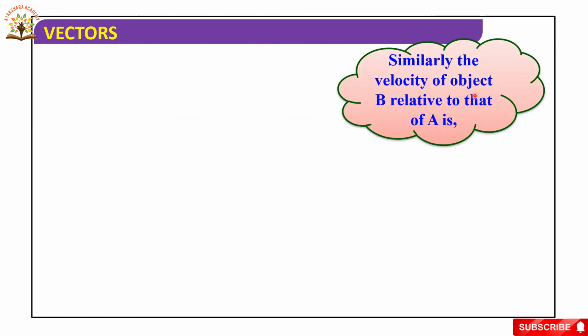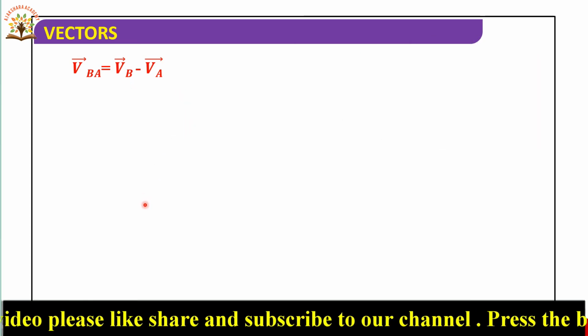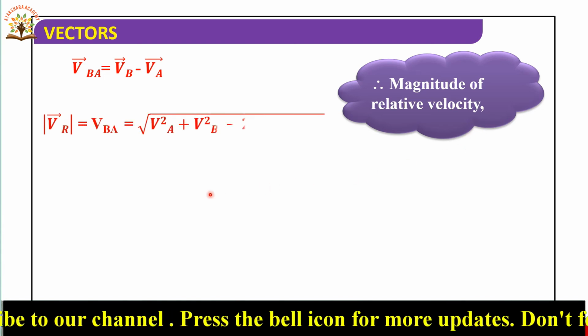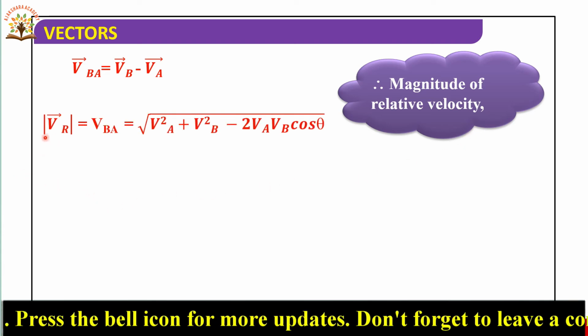Similarly, the velocity of object B relative to that of A is VBA bar equals VB bar minus VA bar. Next, the magnitude of relative velocity.